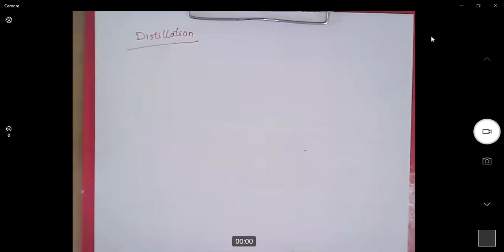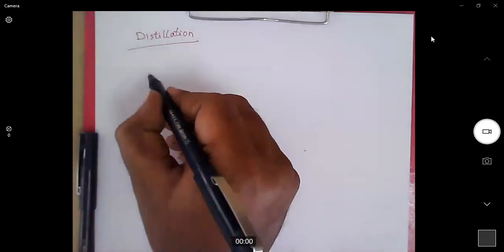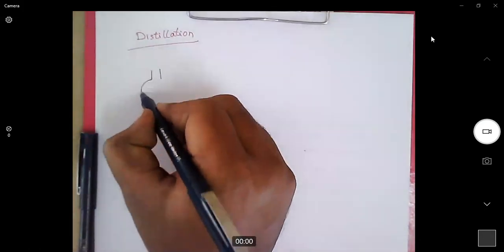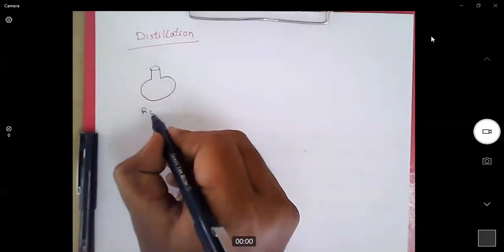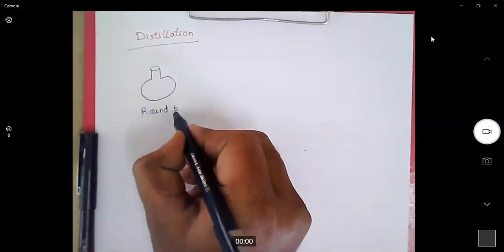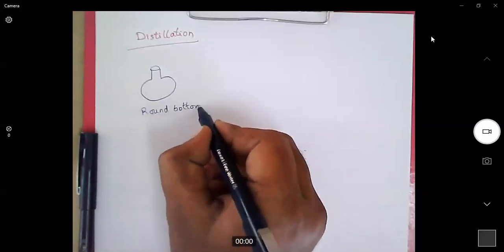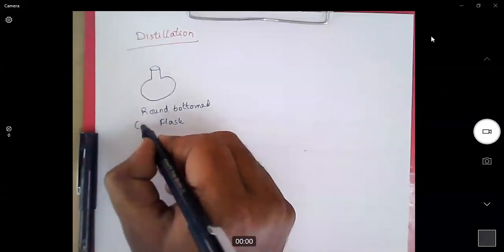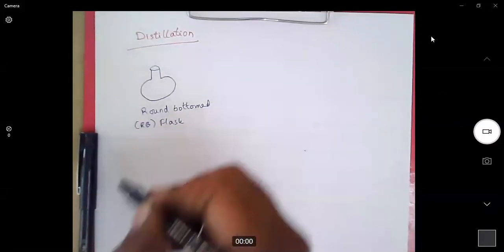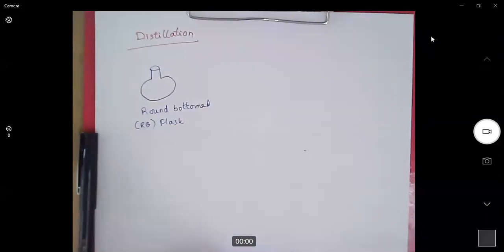There are different techniques, but first we will see the instruments. This is called a round bottomed flask. Generally we call it an RB flask.